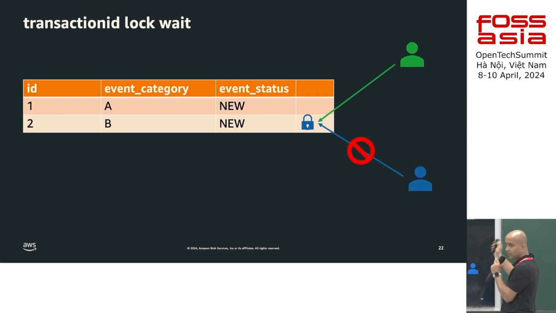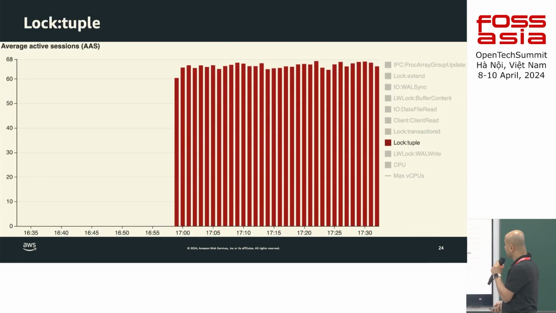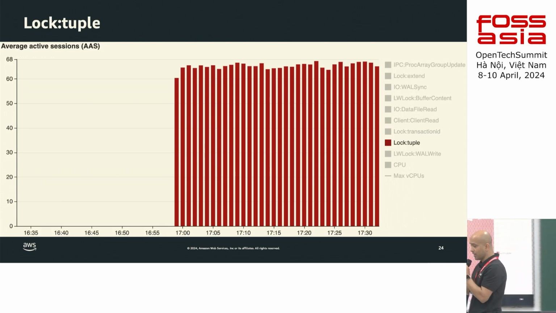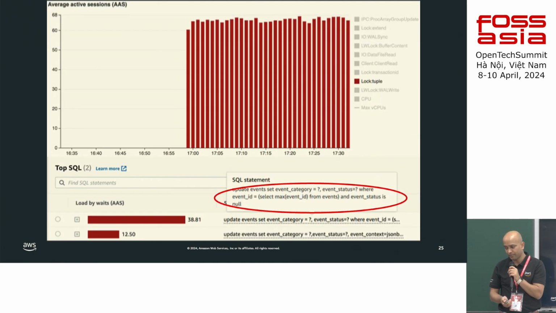The second session, when it tries to acquire the same lock, is going to be blocked, referring to the table that Roneel was talking about earlier. That's how we get to the transaction ID lock contention. The tuple lock contention is also related to two different sessions trying to do SELECT FOR UPDATE or SELECT FOR KEY SHARE. So that smells a lot like row lock contention.